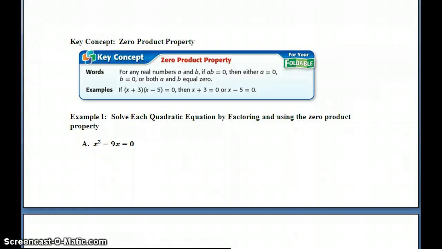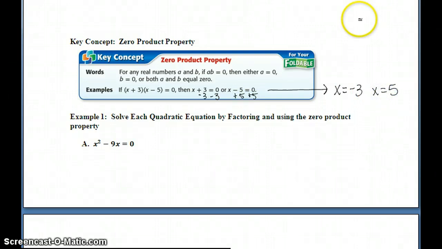We've done these, not necessarily in this context, but we've done these over time. If this is the case, then x is going to equal -3 if I subtract 3 from both sides. And then if I add 5 to both sides, I'm also going to get that x equals 5.